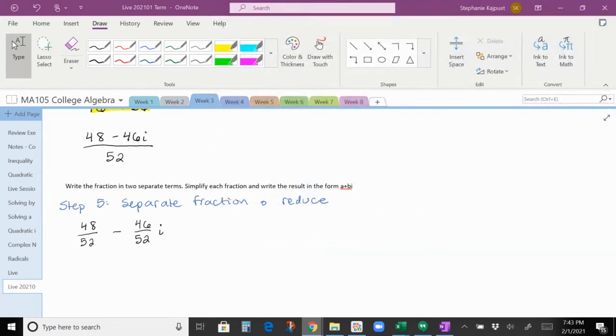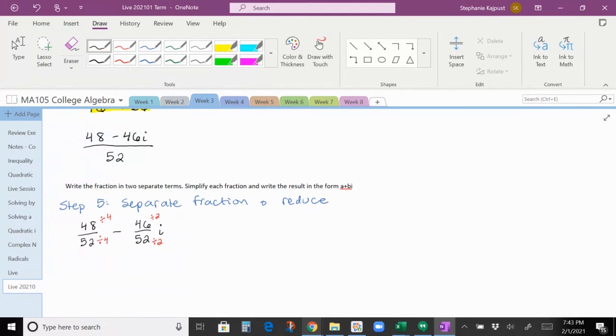Now we want to reduce each of these fractions. 48 and 52, I know I can divide those by 4. This is how I show my work when I'm reducing, as I indicate what I'm dividing the top and the bottom by. 46 and 52, let's just start with dividing by 2. We can reduce it more if we need to.